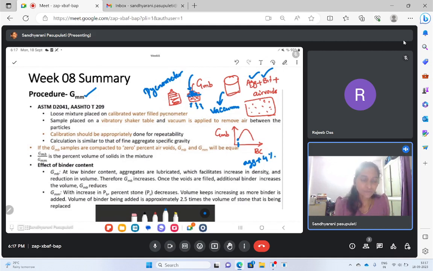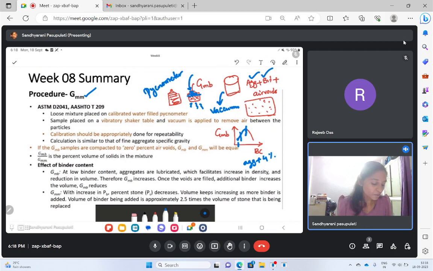When it acts as a lubricant, it reduces the friction between the aggregates. So when we mix and compact, it is easy for us to get compacted, thereby the density, let us say initially there was some density GMB. If I keep adding more bitumen, the lubricant would be more, thereby the workability will be easy and the mix gets compacted more easily and the density would be increased. So if we keep adding the bitumen content, till a particular amount of bitumen content, the density would be increasing.